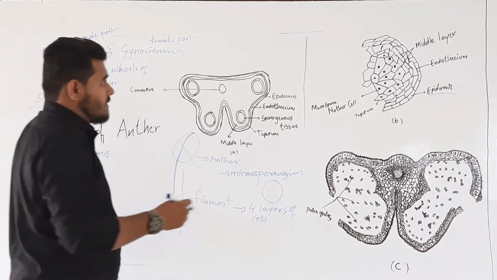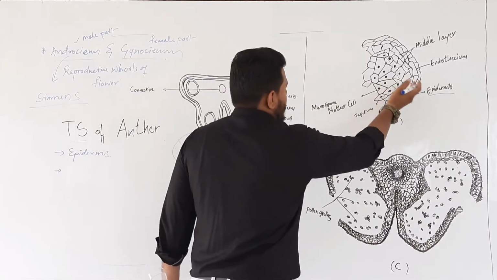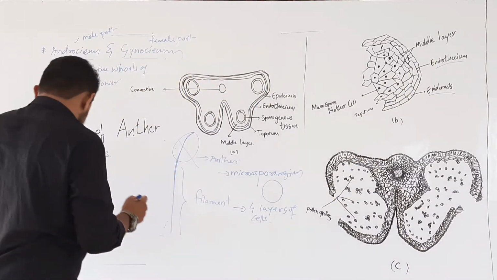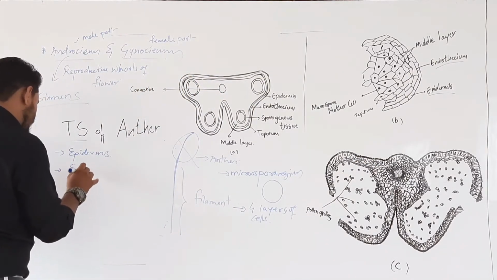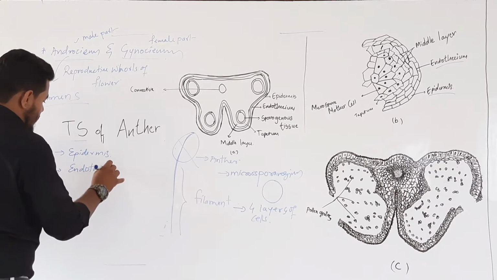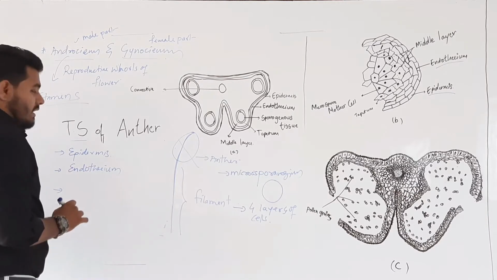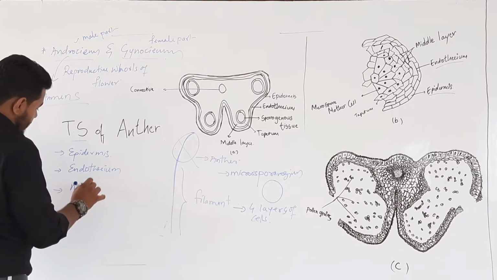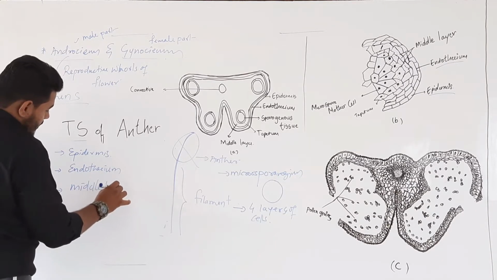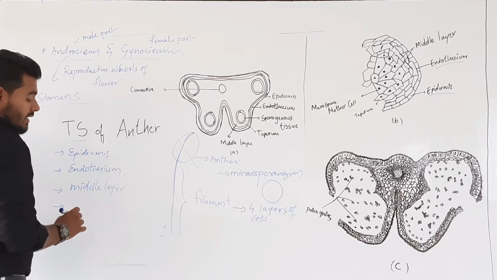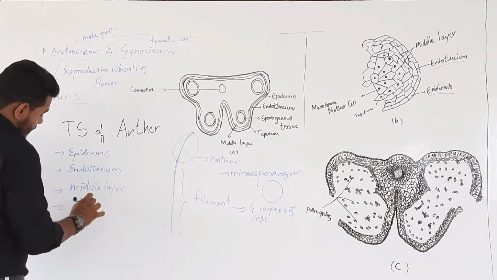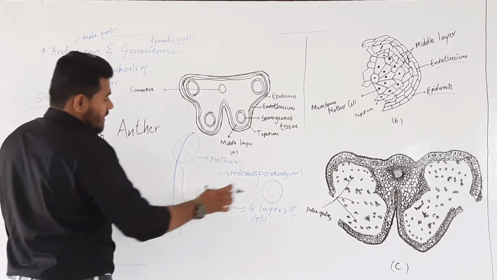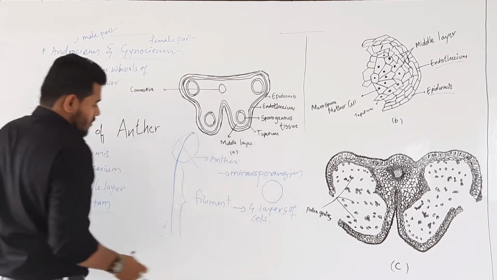Below the epidermis, the second layer is called endothecium. Next, inside that, there is a middle layer, and lastly the tapetum. These are the 4 layers which are present in each microsporangium.